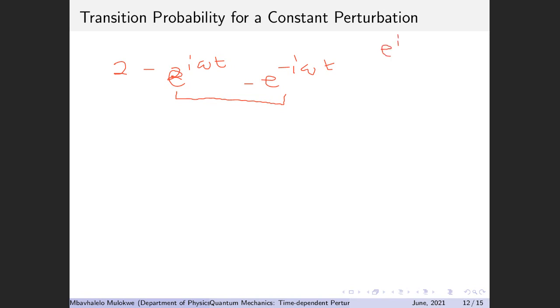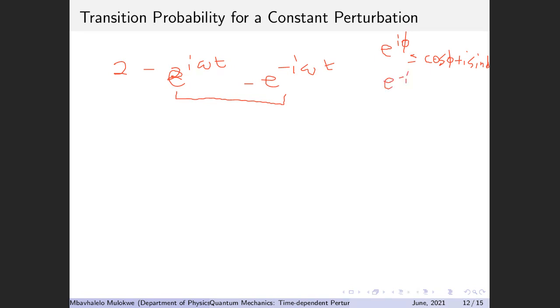I think in one of the exercises I gave you, it's a trig function. Okay, let me just do this properly. So you are all happy with the Euler formula.